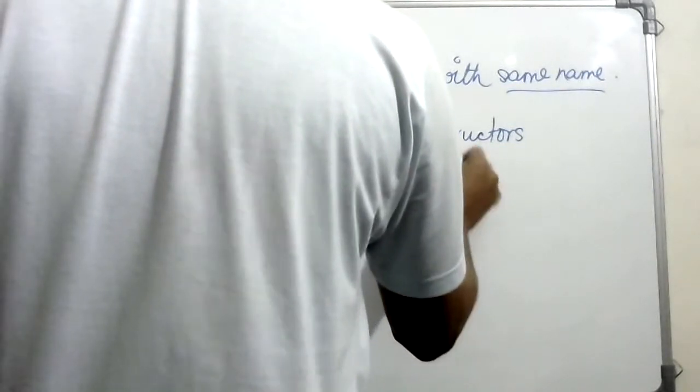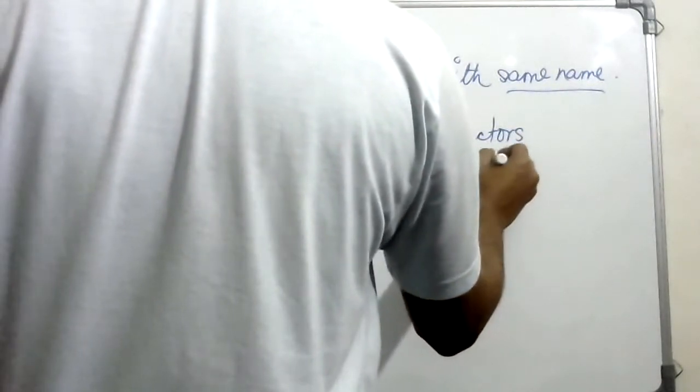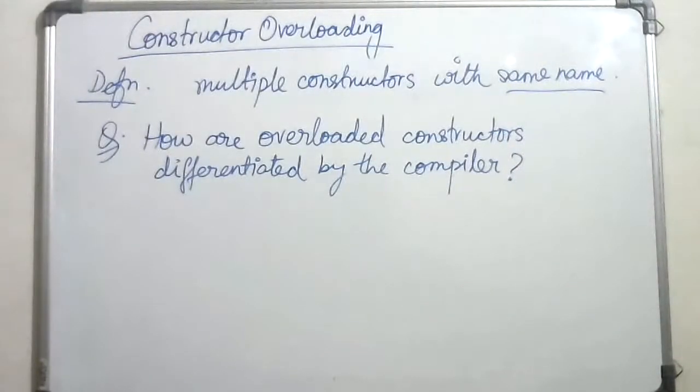The compiler must have a way to differentiate which constructor you are trying to call when defining objects. How does it do that? How are overloaded constructors differentiated by the compiler?